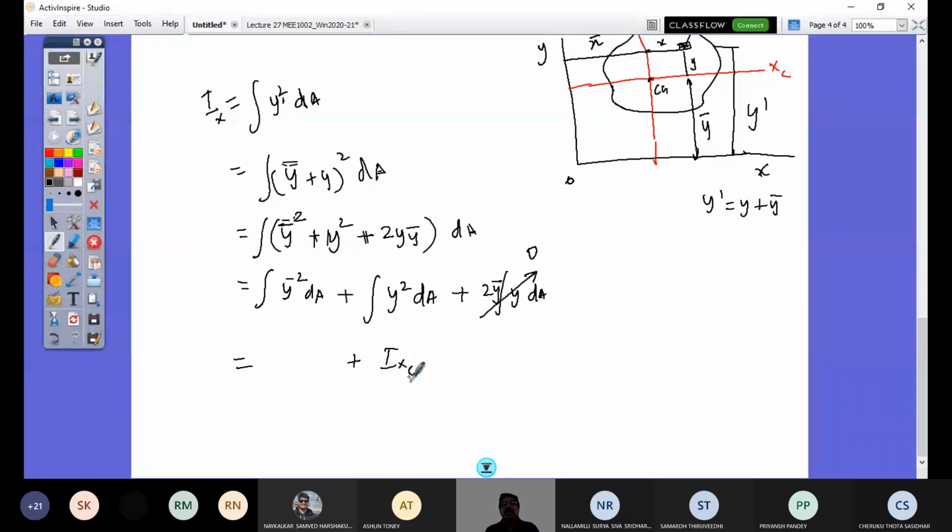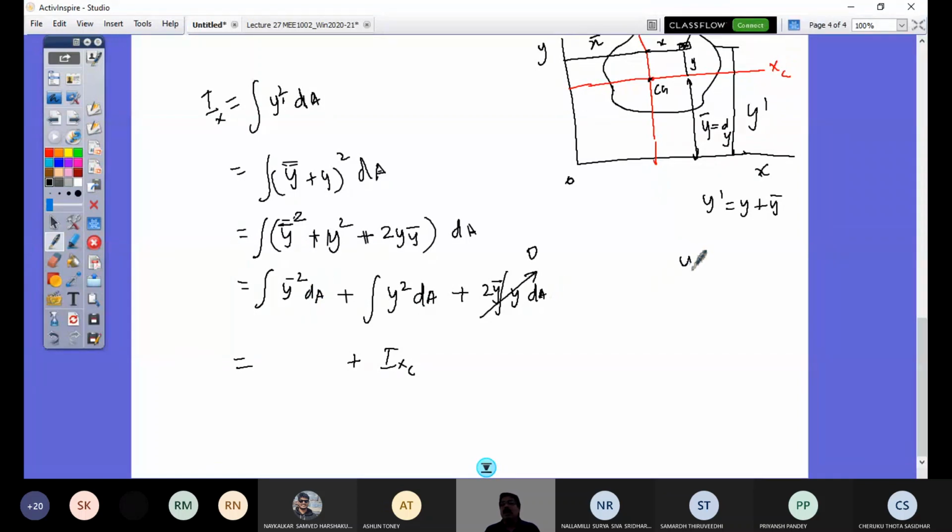Now this has become Ixc, because this y square dA is about the centroid, so that is its second moment of area. And y bar here is now dy, the parallel distance between these two horizontal axes, x and xc. That is d subscript y, the distance along the y axis between the x and xc axis.